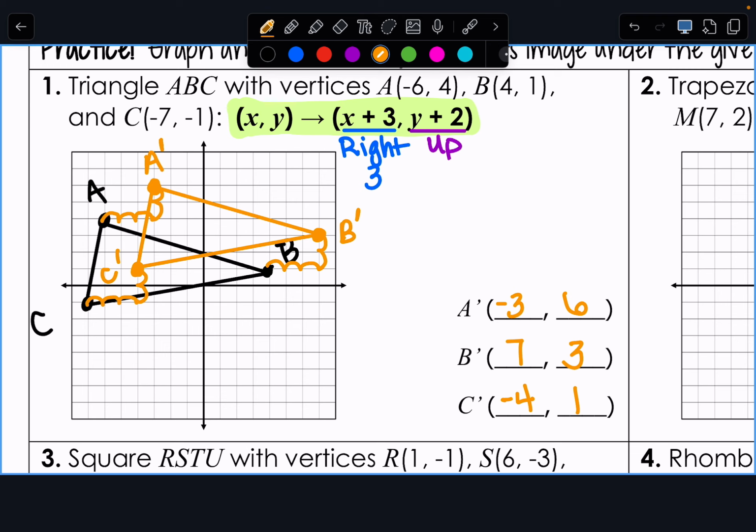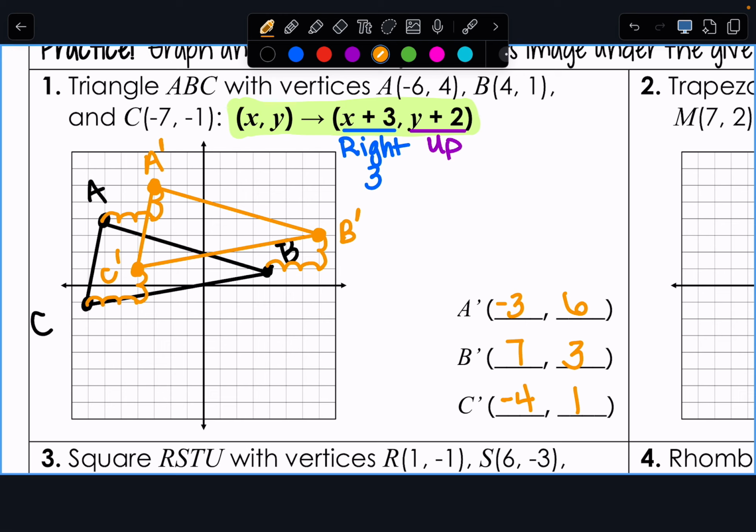If I'm at -6, 4, if I add 3 to my x coordinate, do we get -3? If I add 2 to my y coordinate, do we get 6? So we did it right. If I'm at 4, 1, if I add 3 to the x and add 2 to the y, we get 7, 3. We did it right. So that can be a way for you to check to make sure you placed them correctly.